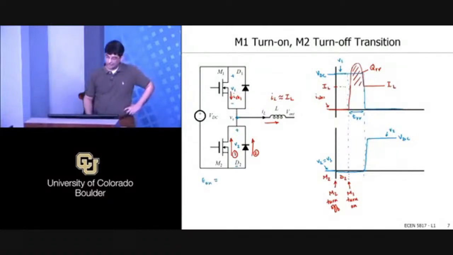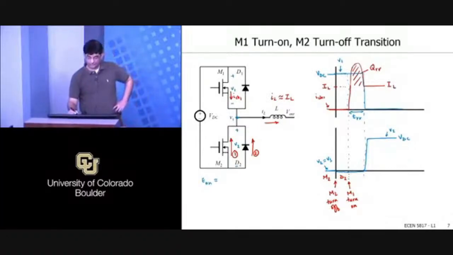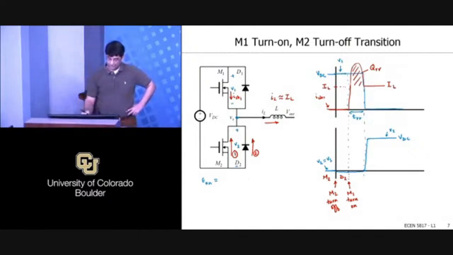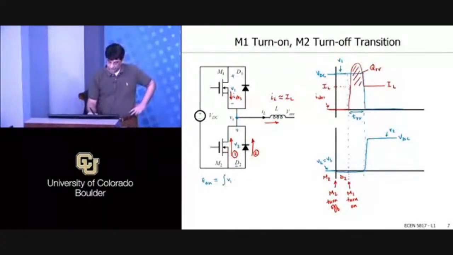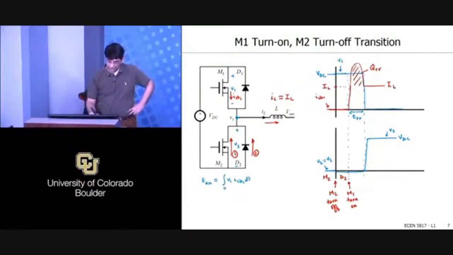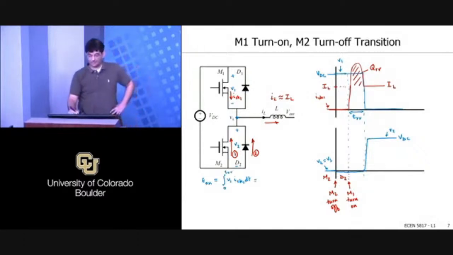And E on, essentially, you can calculate by multiplying V1 with I channel 1, or integrating. So it's essentially V1 times I channel 1 dt over this time period, 0 to TRR, and we can write that simply by breaking this up into two integrals, right?